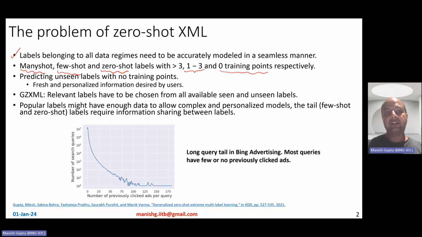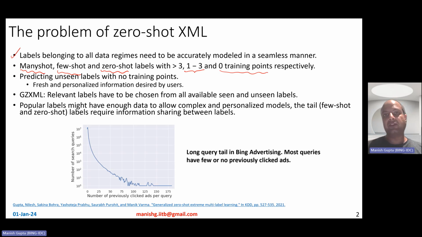Okay. So now predicting completely unseen labels with no training points is a very difficult problem, right? Extreme classification is already a difficult problem, but then imagine coming up with more labels that you need to predict at test time rather than seeing them at train time also. But the interesting part is that zero shot predictions are so commonly required by various applications.